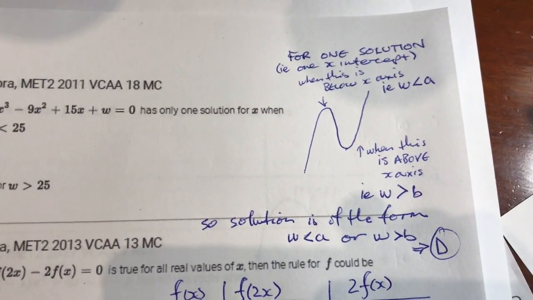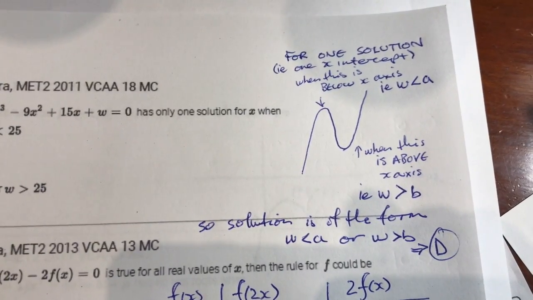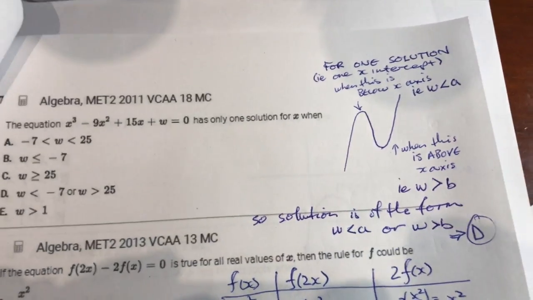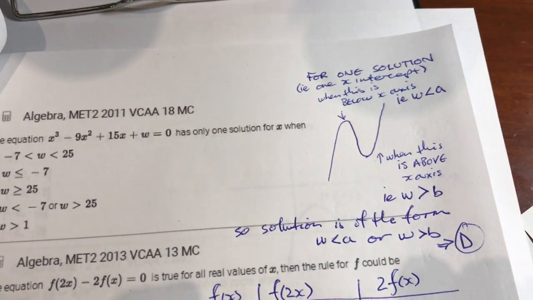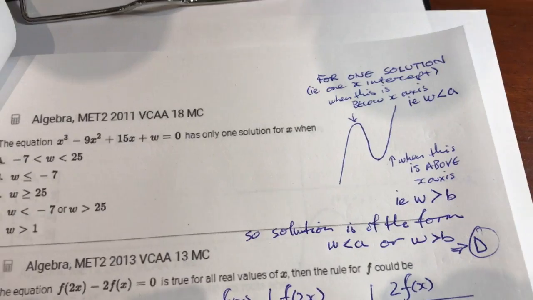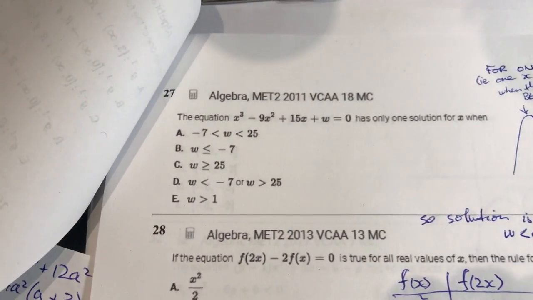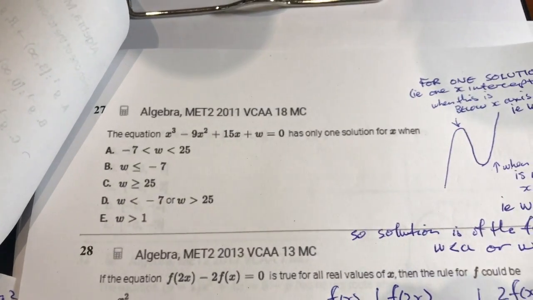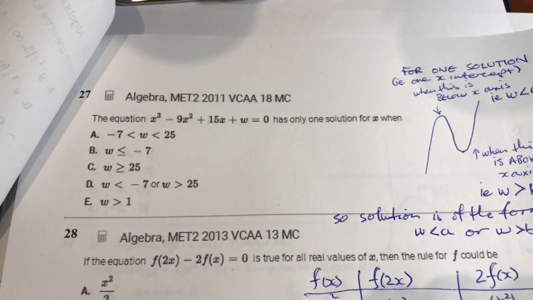So in other words, W is the upshift on the graph, so W is going to have to be bigger than some value, or it's going to have to be smaller than some value. So the only one that really matches that look is answer D, so we don't really have to solve that.